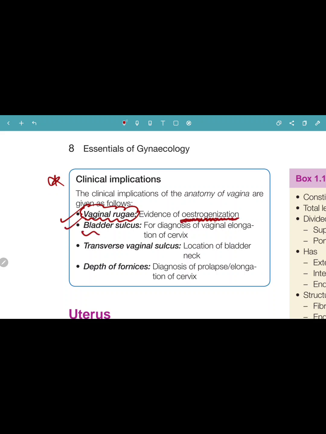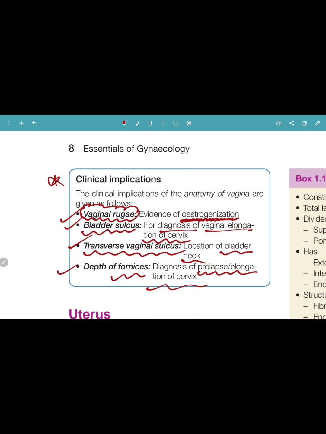Then the bladder sulcus, which is for diagnosis of vaginal elongation of the cervix. And then the transverse vaginal sulcus, which is for location of the bladder neck. And then the depth of the fornices, for diagnosis of prolapse or elongation of the cervix.